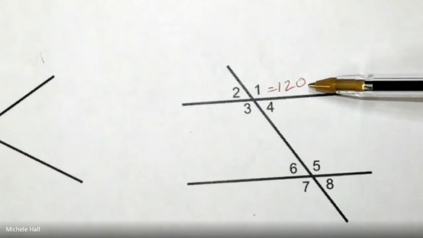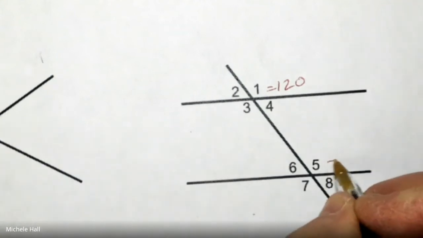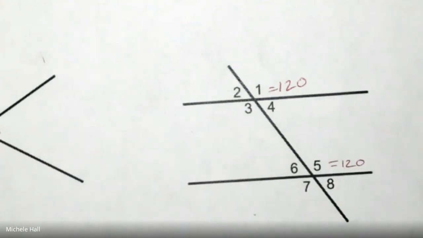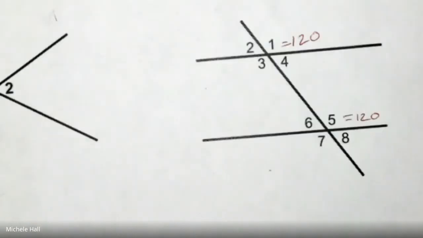Okay, I agree that 5 is 120. What are those angles 1 and 5 called? They're corresponding angles. Okay, fill in the rest of the angles. You can do this. Okay, Annabelle, tell me somewhere to start, and I want to know which angles that you're using.